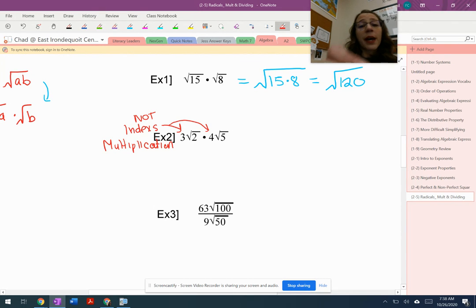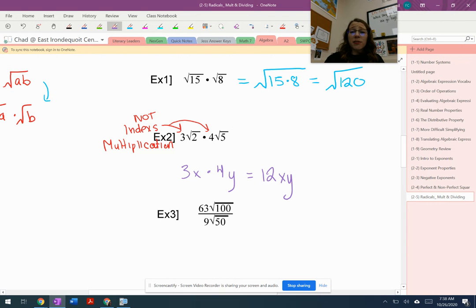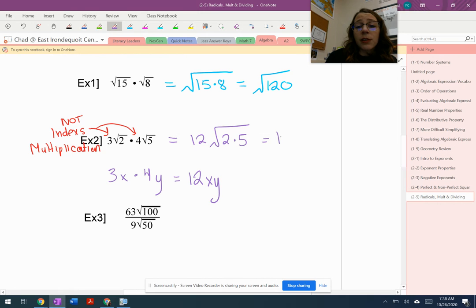Similar to the way that we would multiply 3x times 4y, that would get us 3 times 4 is 12xy. We're going to do the same kind of pairing together process here. The 3 times that 4 is going to give me that 12. And then inside my square root, I'm going to have the 2 times the 5, which naturally we can simplify to 12 times the square root of 10, or 12 square roots of 10.